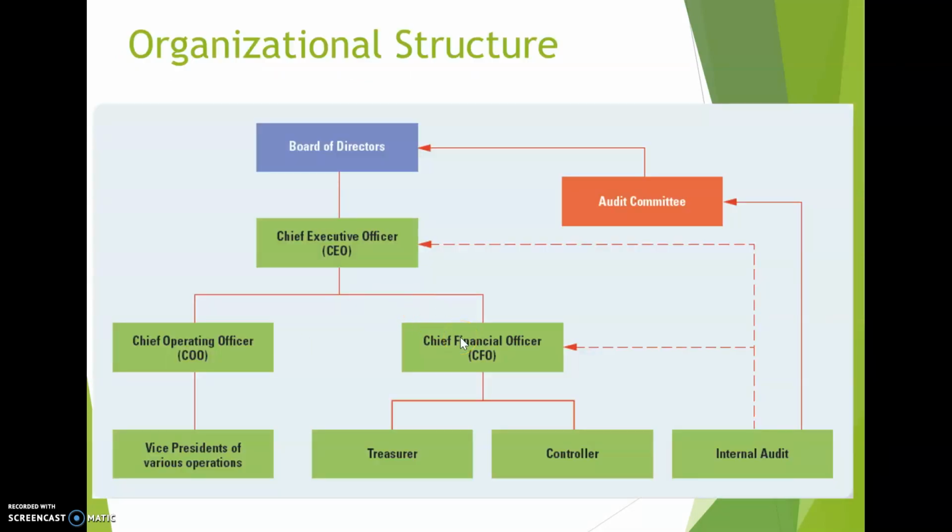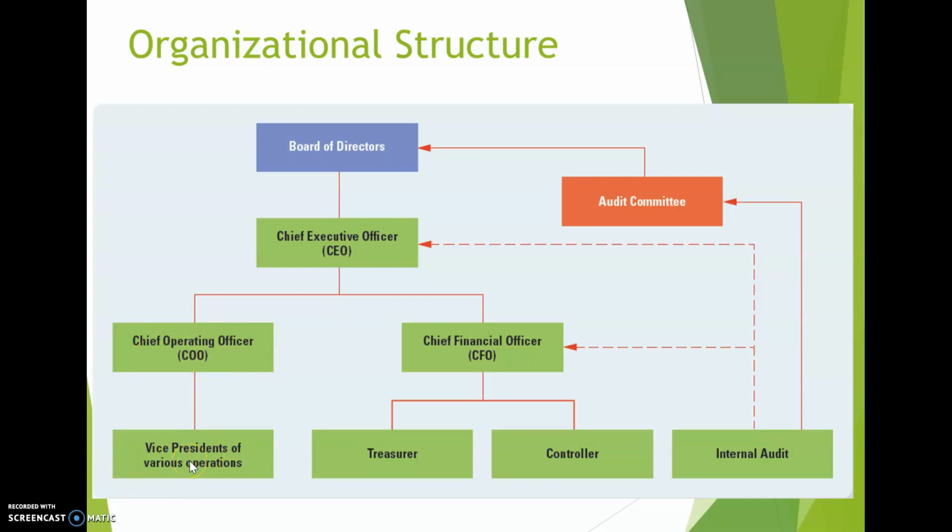All right, so let's take a look at how managerial accounting fits into the organization. Okay, so we've got our board of directors that's elected by the stockholders. They hire the CEO, okay, and then the CEO will hire the COO and the CFO. So the chief operating officer, right, oversees the operations.